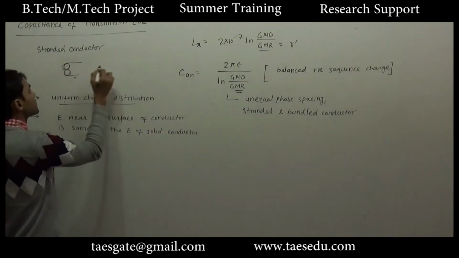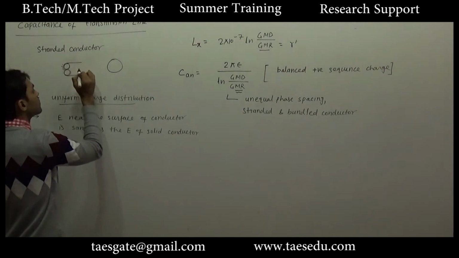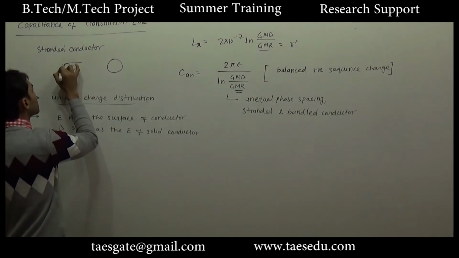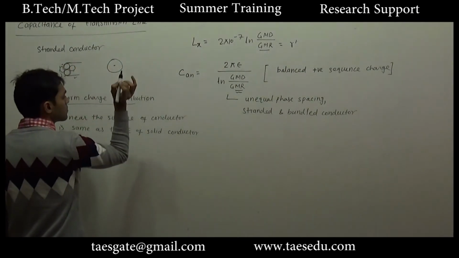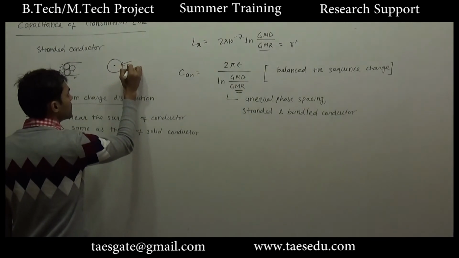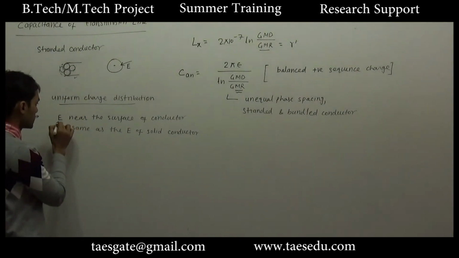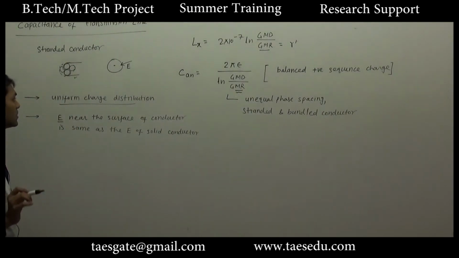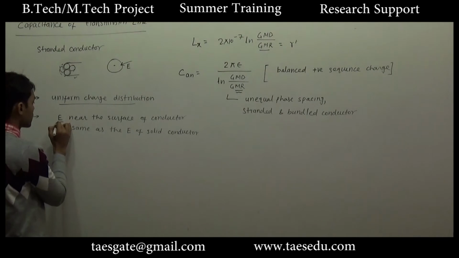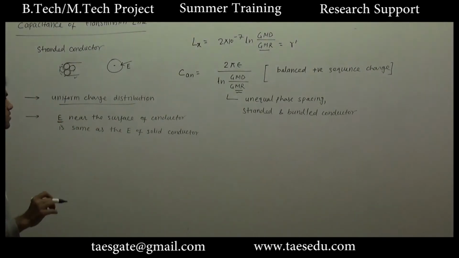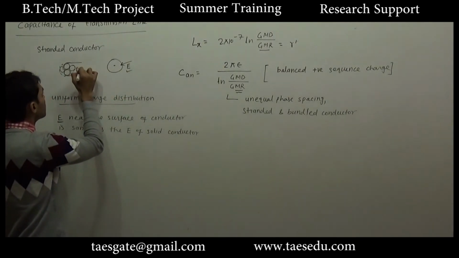Let us assume that instead of a stranded conductor, we have a single conductor of radius equal to the outer part of these stranded conductors, and if we had an electric field E here, then on the surface of each stranded conductor we assume that we will have the same electric field. But this is not the case. Due to charge on the other conductors, there will be some distortion in the magnitude of the electric field. But for the calculation of capacitance, we assume that this E and that E will be the same.